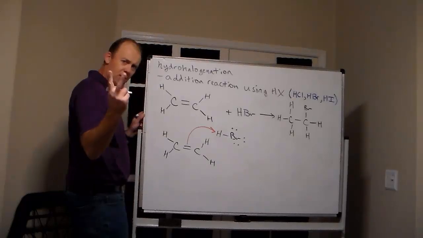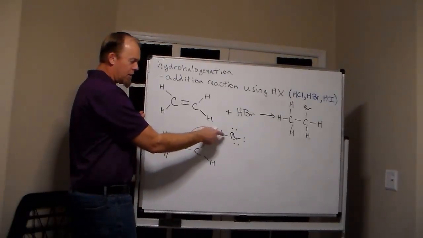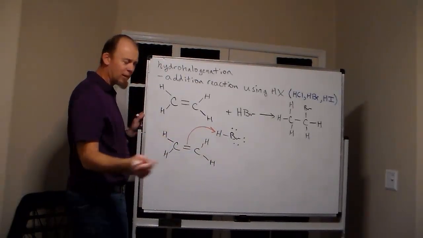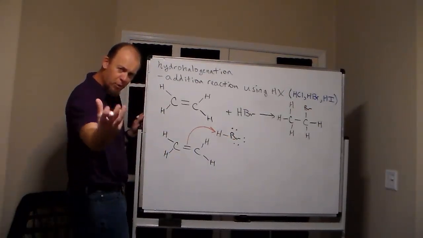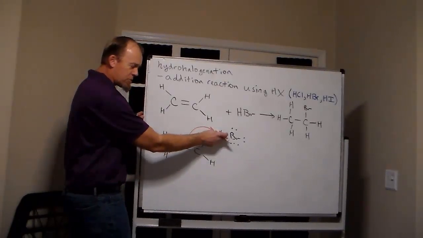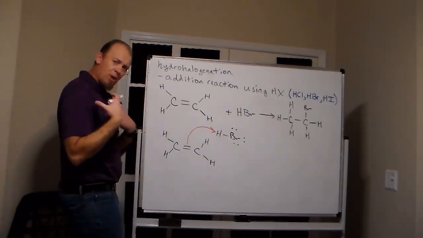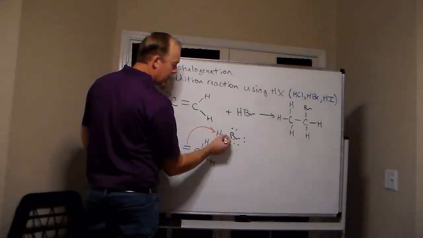But since hydrogen only maxes out at 2 electrons, these 2 have to leave. Where are they going? They're going to go to the bromine because it's more electronegative. That bromine's already pulling on those electrons, so when this bond breaks, it makes sense that it goes to the atom that wants them more.